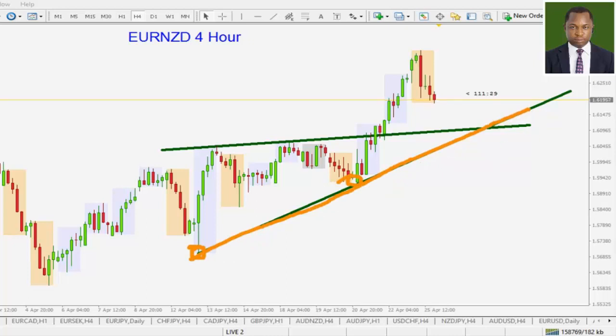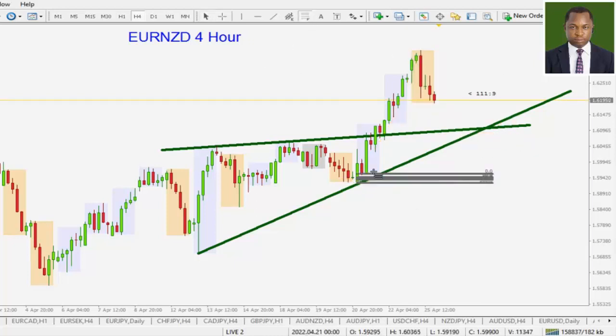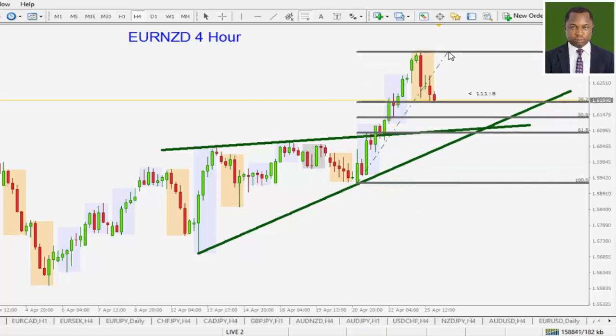Then again, you will find out that in this swing to the upside, if you take your Fibonacci tool from that low to this high, the 3 key retracement zones will come around this area. So let's do that very quickly. Fibonacci retracement from the low to the high. Our 3 key retracement zones are the 38.2, the 50, and the 61.8.